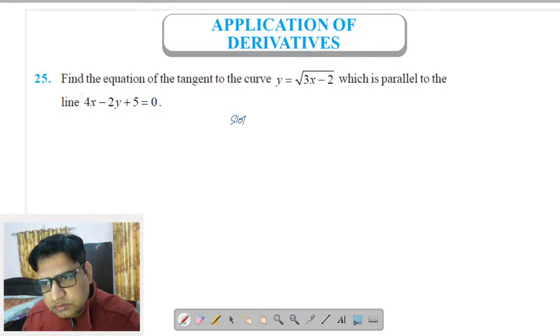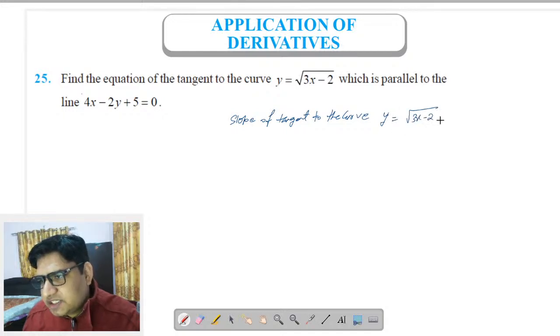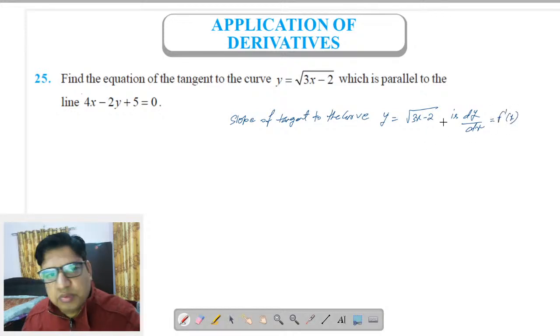Slope of the tangent to the curve y is equal to under root 3x minus 2 is dy by dx, or you can say f dash x if it is written in the form of f of x.